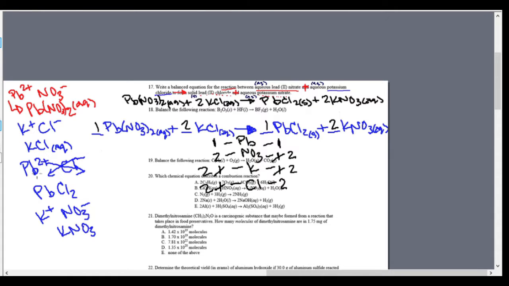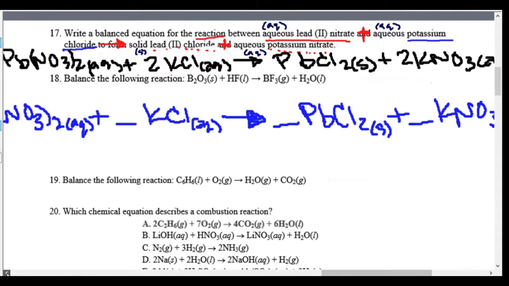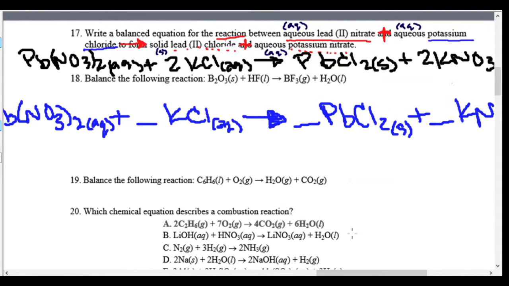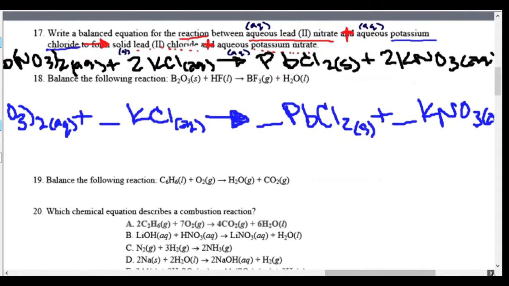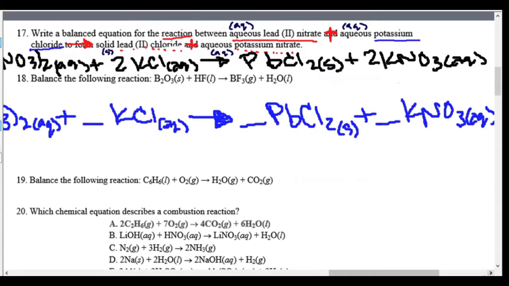And looks like we are good there. So, wow, that looks horrible when you zoom in on it. But, yes, Pb(NO3)2 aqueous, 2 KCl, 1 PbCl2, and then 2 KNO3.